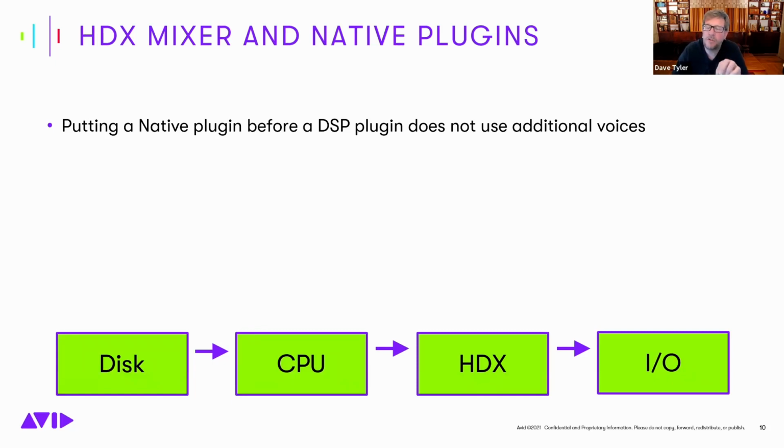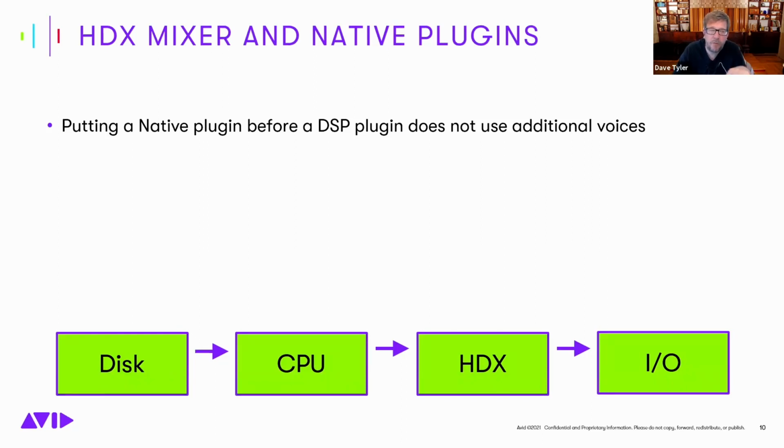And a lot of HDX users understand some of these principles and know how to use the HDX system efficiently. But there are a lot of people who maybe don't use it in its most efficient way, and I think that's sometimes where people can get into problems.